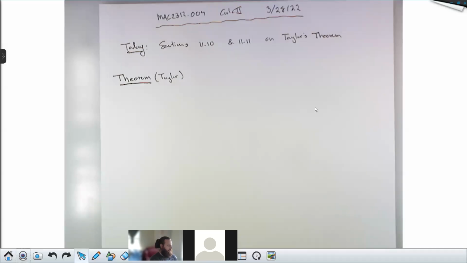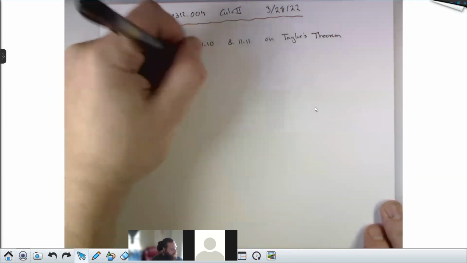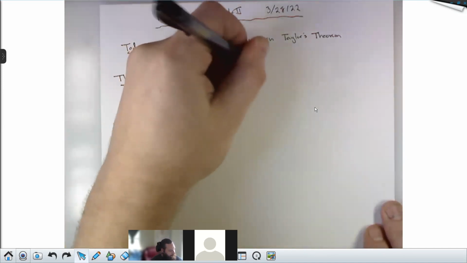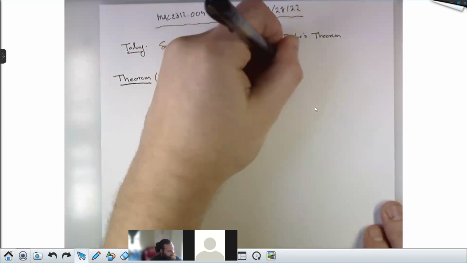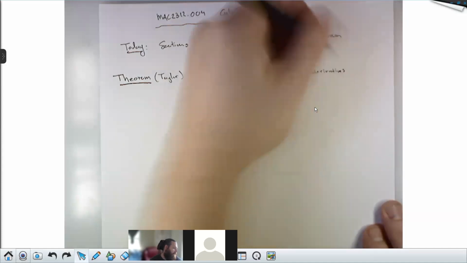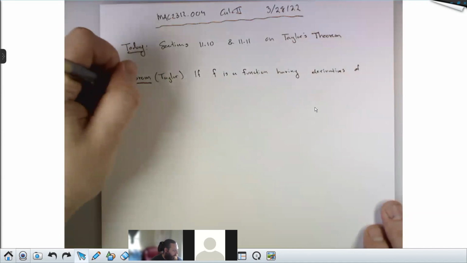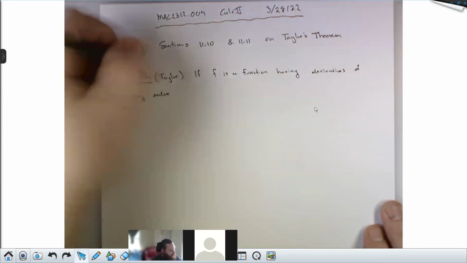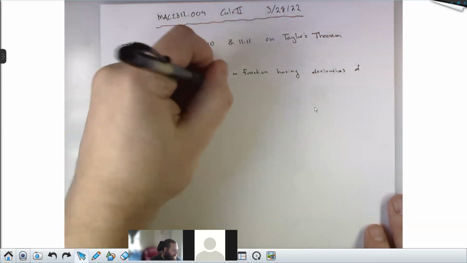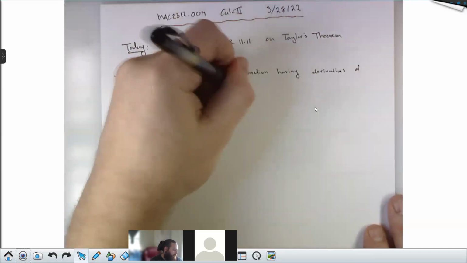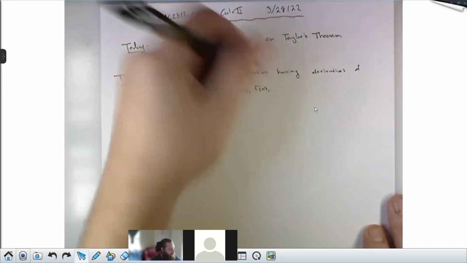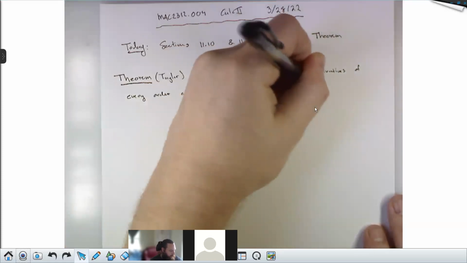So Taylor's theorem says the following. If f is a function having derivatives of every order at x equals a, and this would mean that f of a, f primed of a, f double primed of a, and so on, all exist, right?